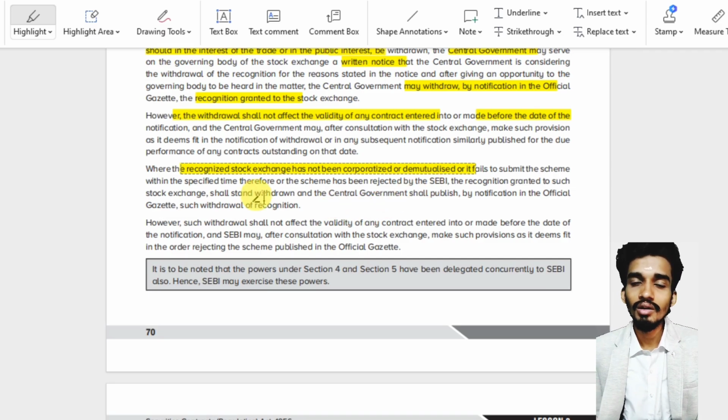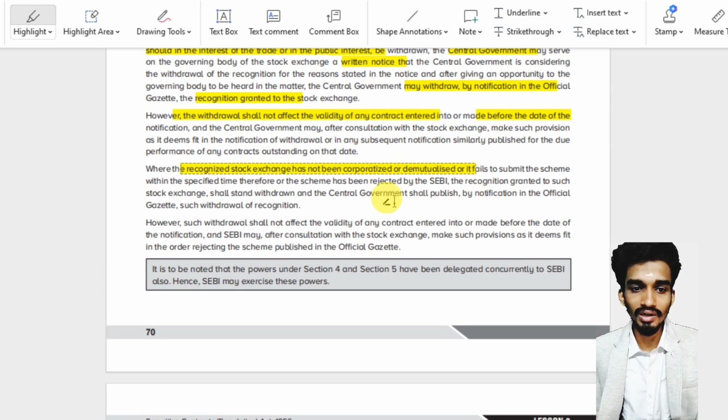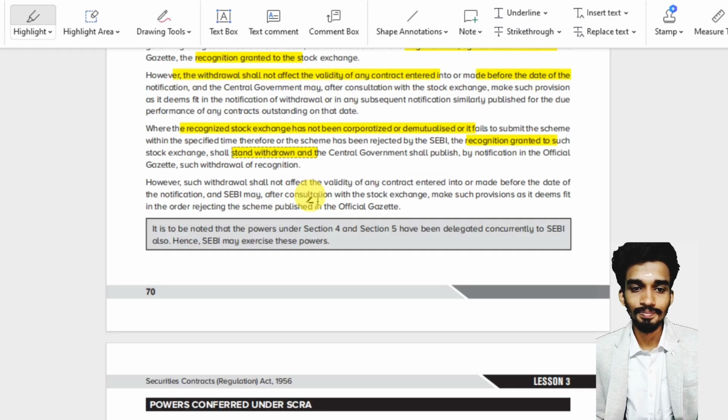So it should be in a corporate form, like your NSE Limited and DSE Limited. They have to be in the corporate form and not in the broker form. So if the recognition has already been granted, it has to be rejected. The central government, after giving a notice, will withdraw the recognition.